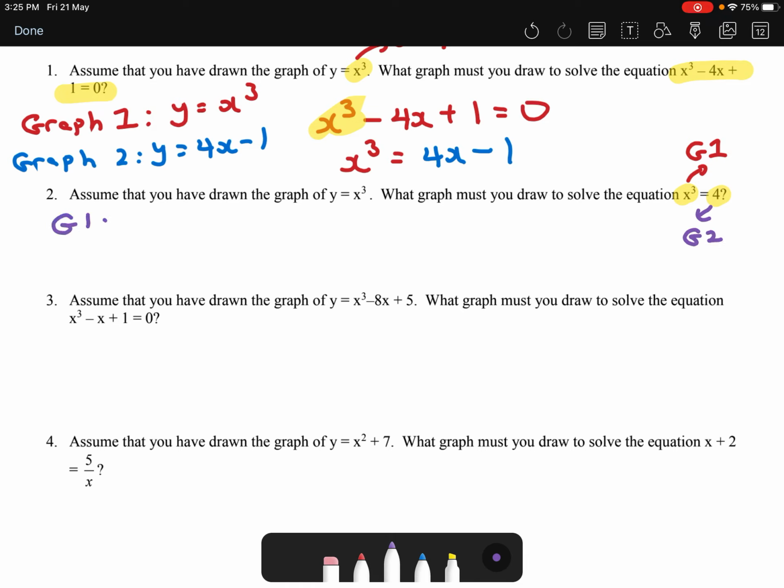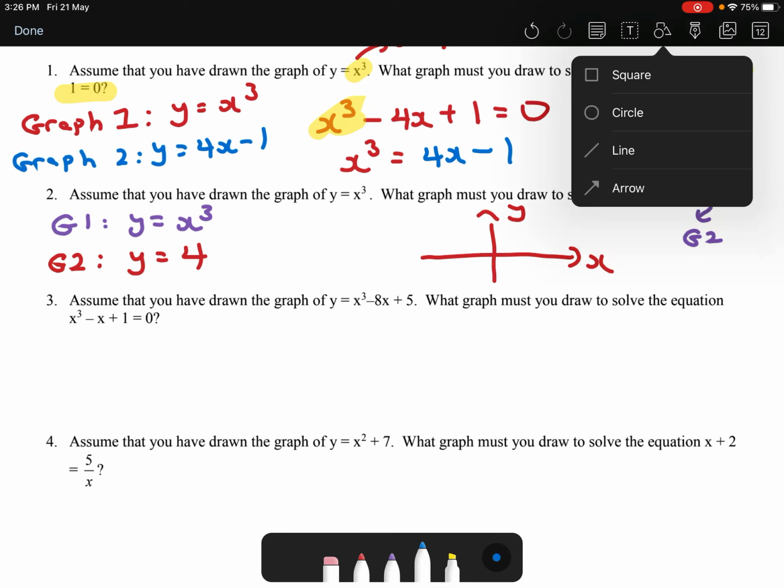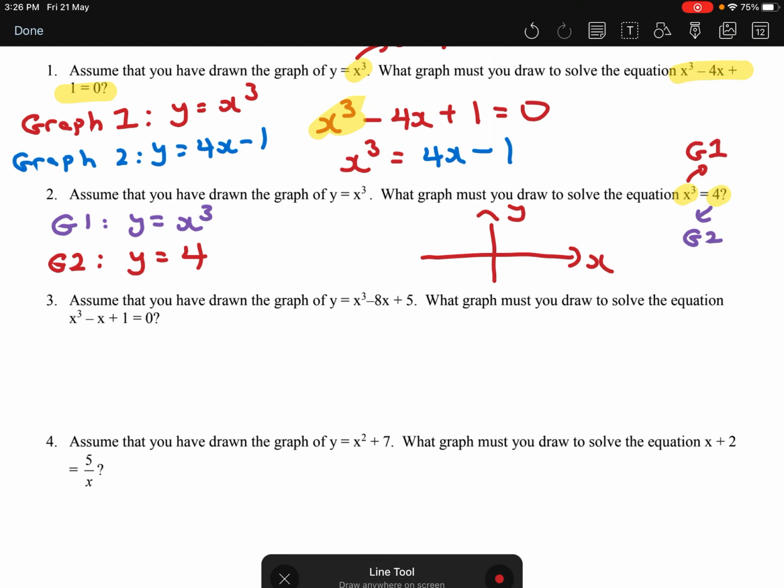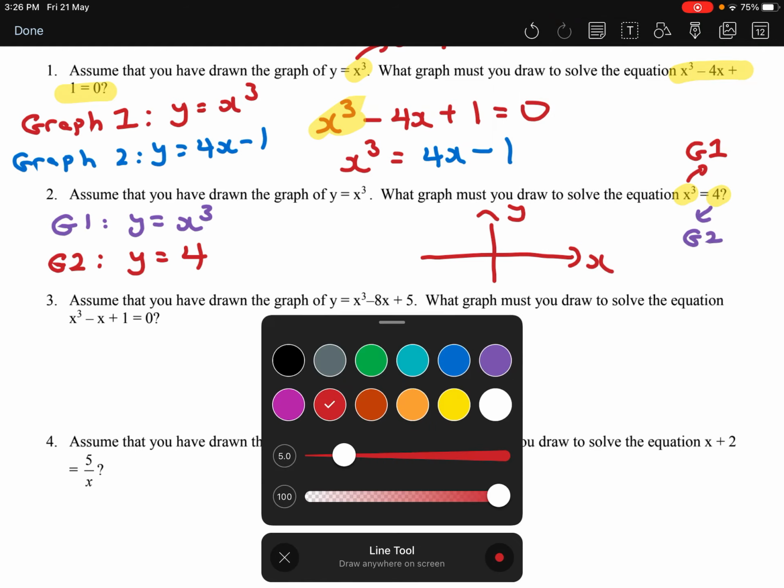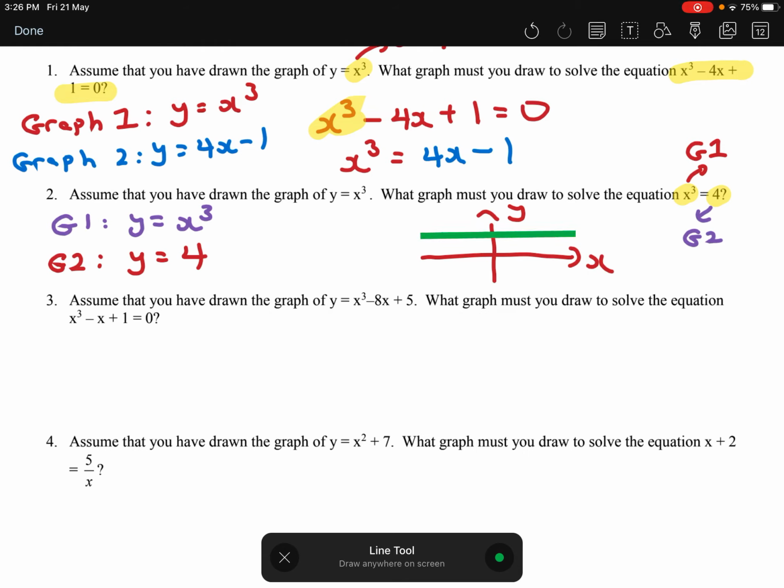So my G1 is y equal to x cubed, then my G2 is y equal to 4. So it's like a horizontal line that cuts through the y-axis at 4. This is the y, this is the x, and this will be my graph number 2, right here. So this will be my y equal to 4.